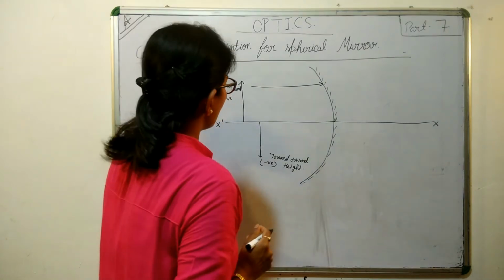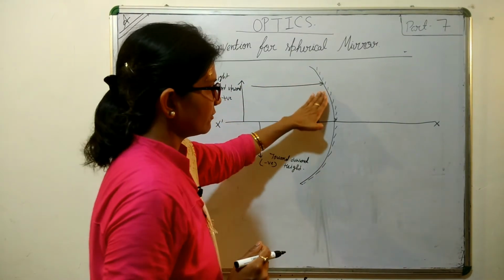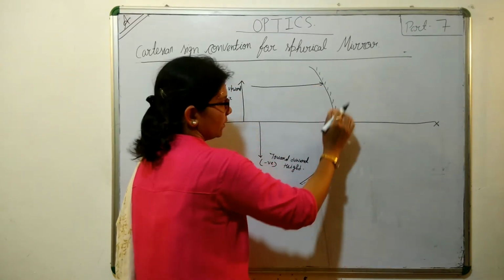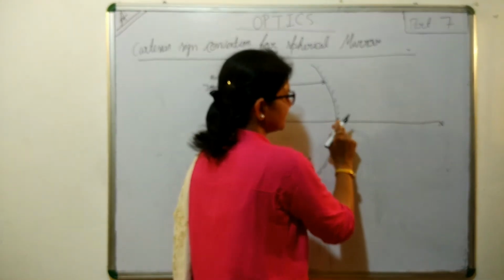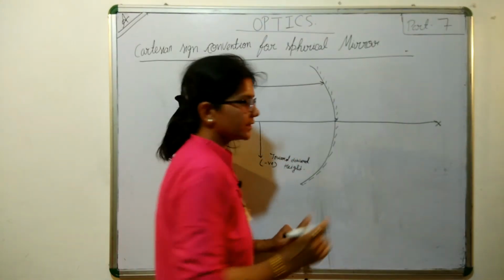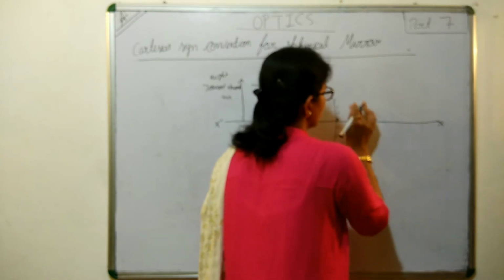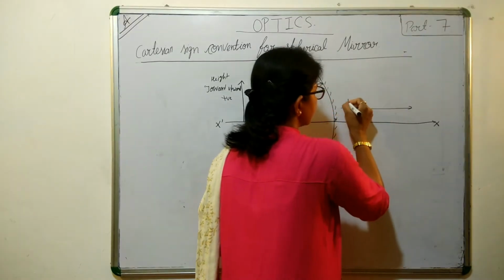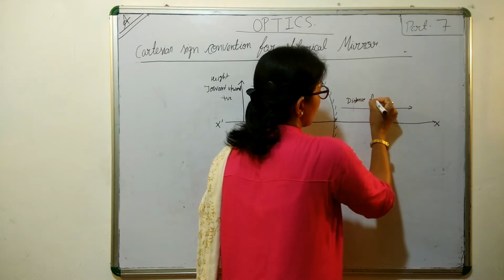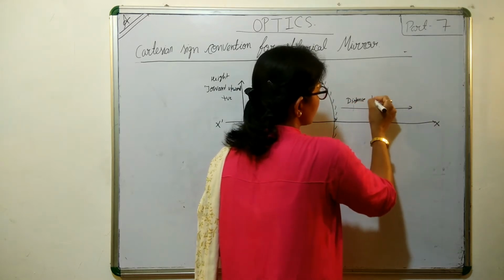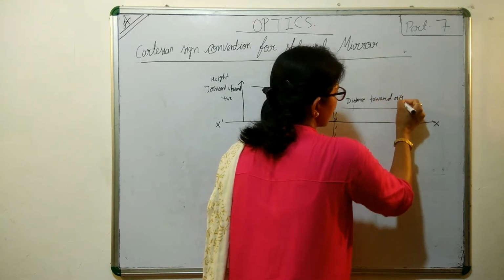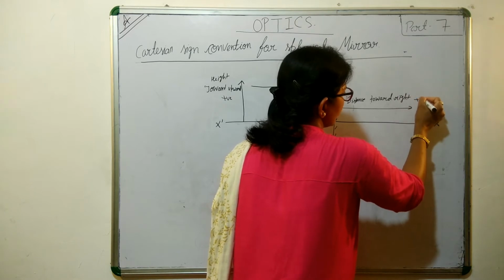From the left side it will fall on the mirror. Now if we are measuring the distance from the pole to the right side, then it is positive. So distance toward the right is always positive.